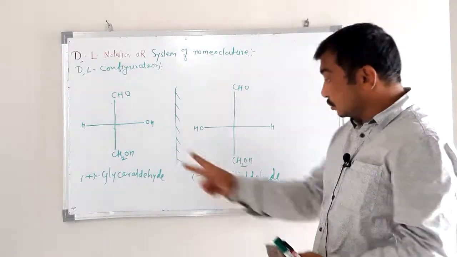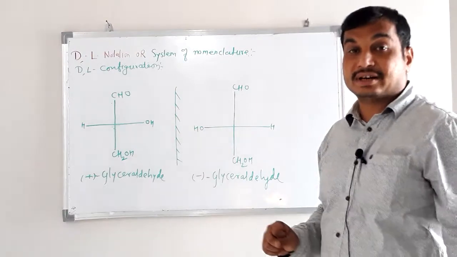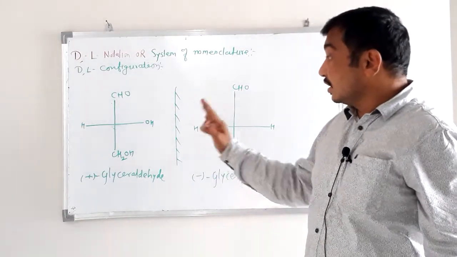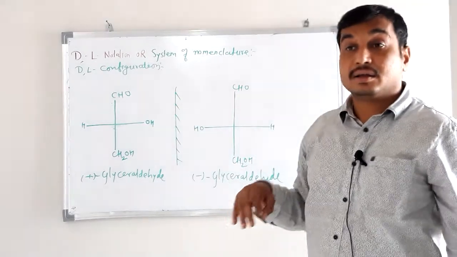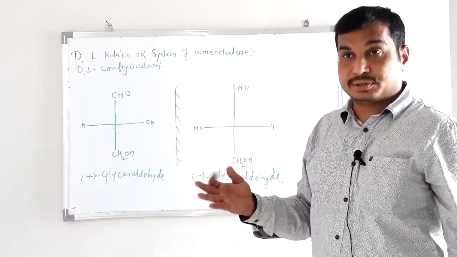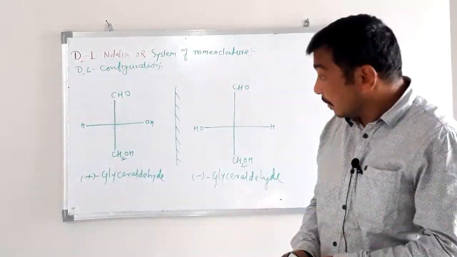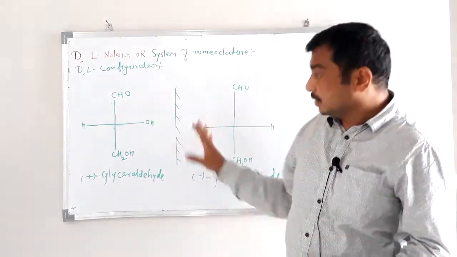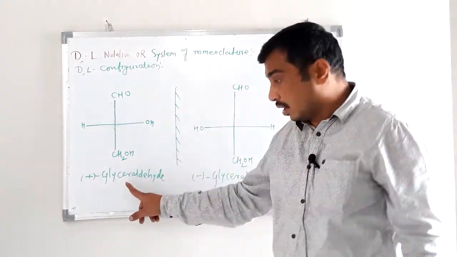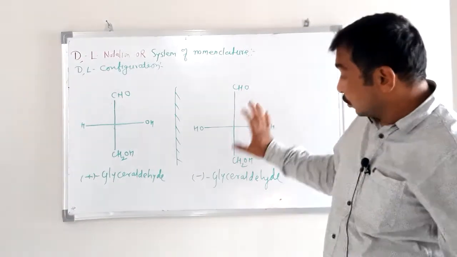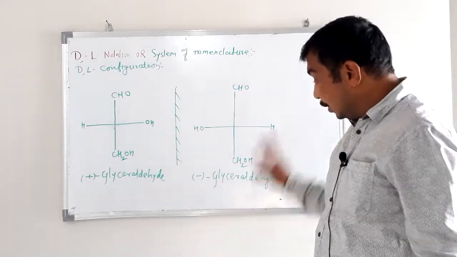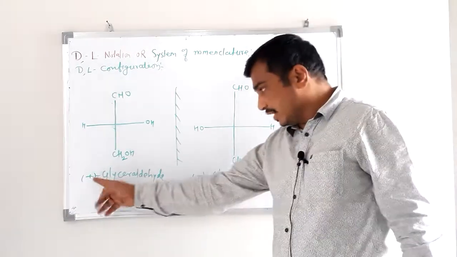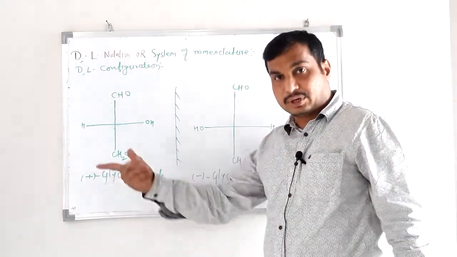So these two optical isomers of glyceraldehyde are considered as a standard for determining the DL configuration of another molecule. Now just observe this. This is the Fischer projection formula of glyceraldehyde. This is the Fischer projection formula of negative glyceraldehyde. I will explain everything, plus or minus, what that is.